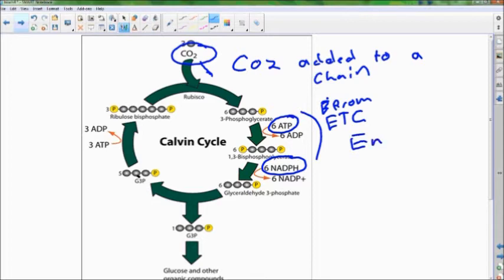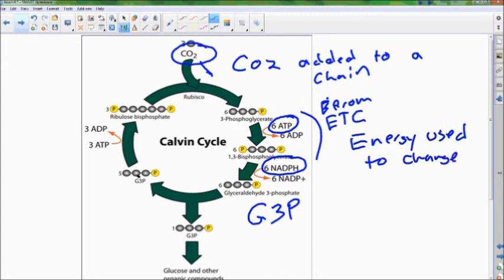So energy is used to change the form of that carbon molecule that we made by adding the carbon dioxide until it's in a usable form called G3P.